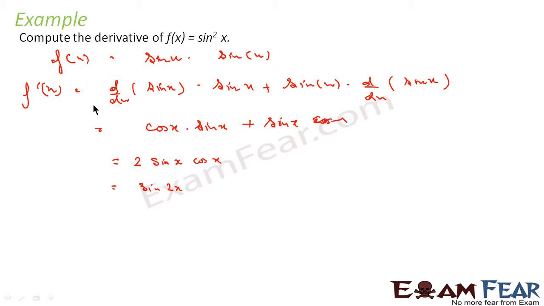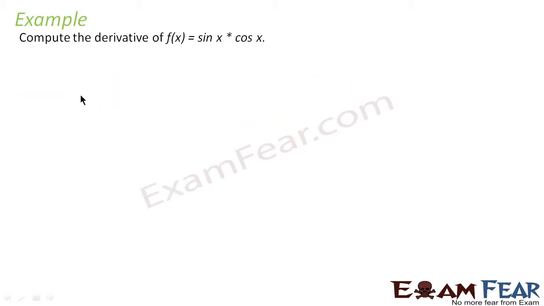Very simple. We have to use the formula of multiplication for derivative. Here we have to find the derivative of this function f of x is equal to sin x cos x. So here we get f dash of x.